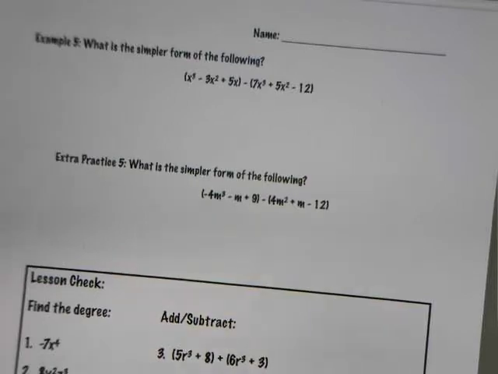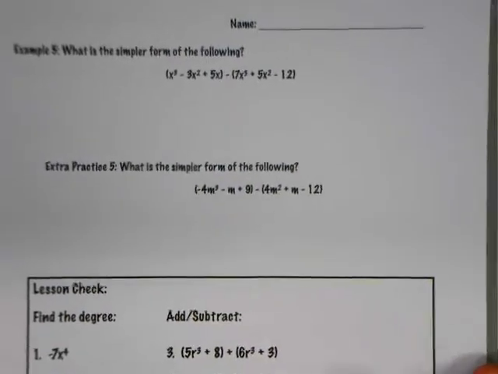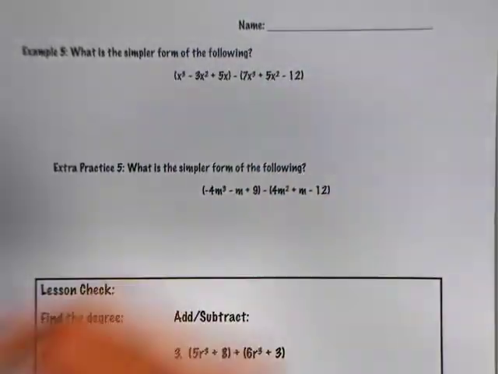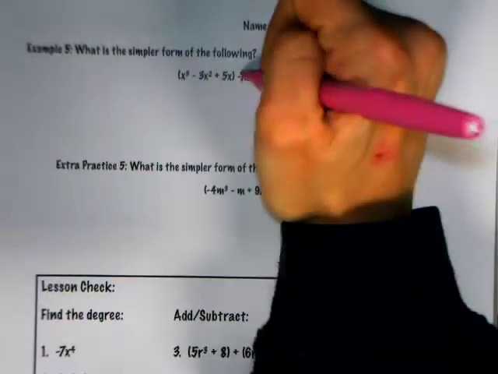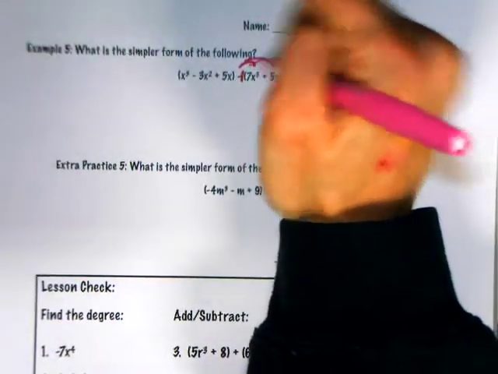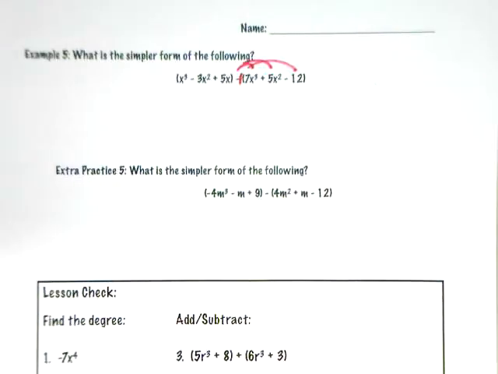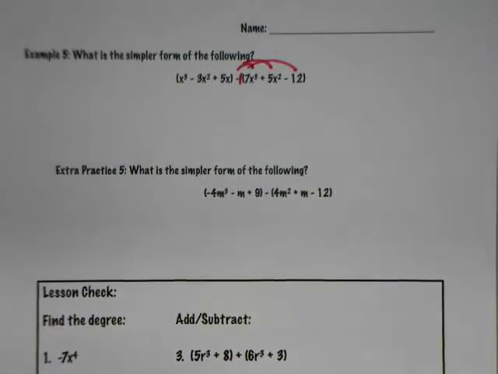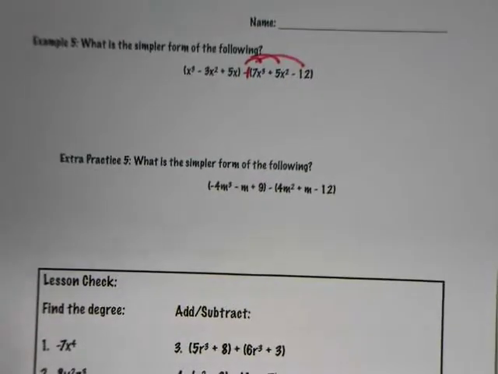So what I like to do when I have a subtraction problem, so the negative's in the middle, is pretend that is a minus 1 in front that's being distributed to that second group. So basically applying the sign change for subtraction to everything at once so that you don't have to worry about it later, okay? So here's what it would look like.